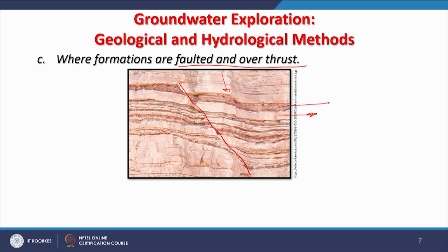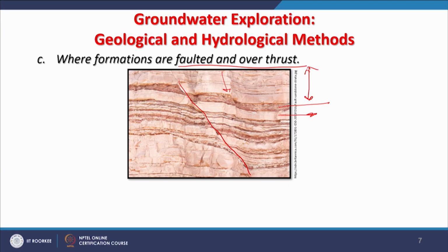Though this is an example from hard rock terrain or sedimentary sequence, in the case of the Indo-Gangetic plain, which occupies a very large area of India, you may have a situation something like this in the subsurface: sand layers, then clay layers, then sand layers and clay layers, and therefore it is possible in the Indo-Gangetic plain to have confined aquifer conditions.